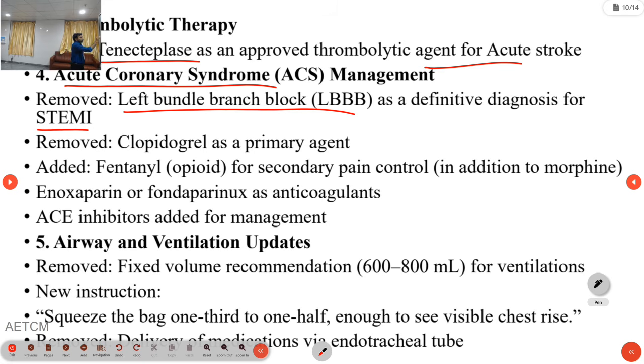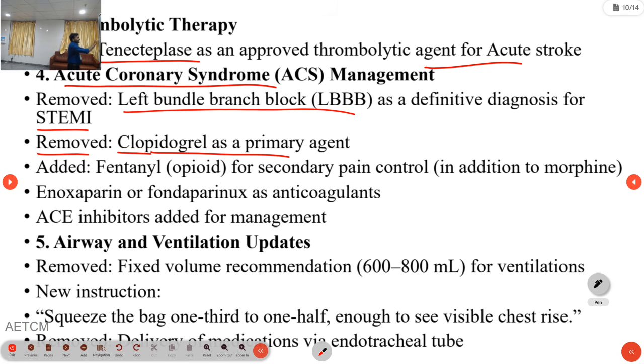Then they have removed clopidogrel as a primary antiplatelet medication. Now they are saying that certain other medications like ticagrelor and prasugrel have much more efficacy when compared to clopidogrel. So they have removed clopidogrel as a primary medication.